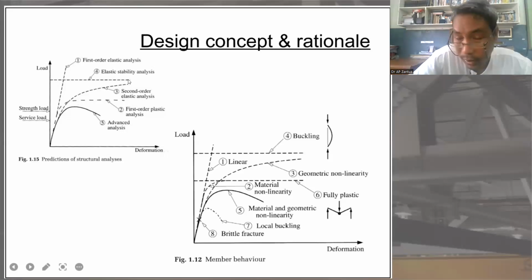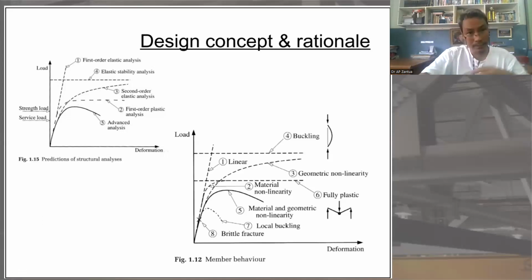Elastic stability analysis is somewhat rough, not very precise, but that is a boundary, the maximum boundary condition. So the most realistic one. This is still not equal to the real situation, but this is the most realistic model that we call advanced analysis. So we have number five.